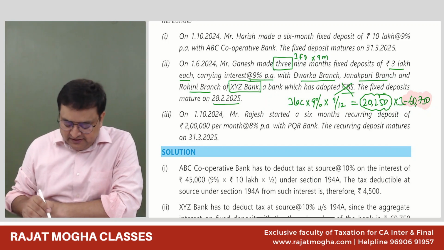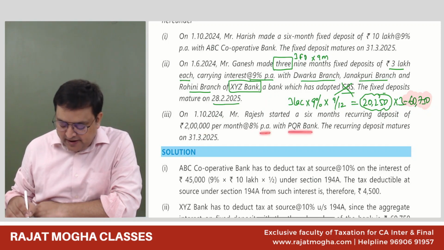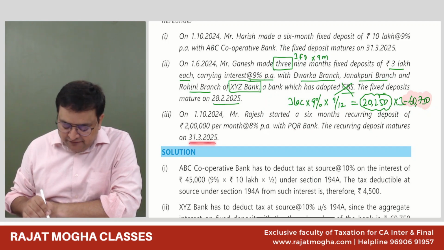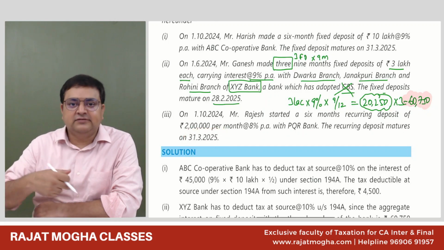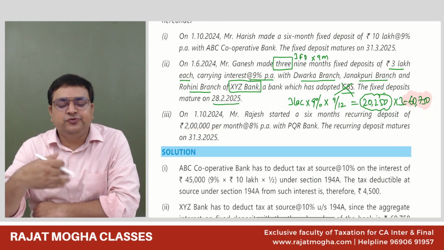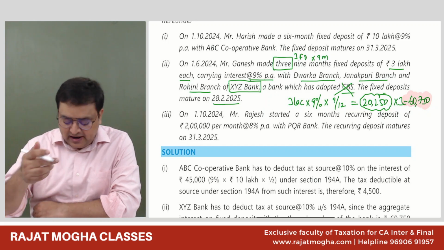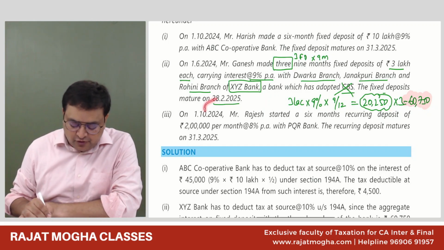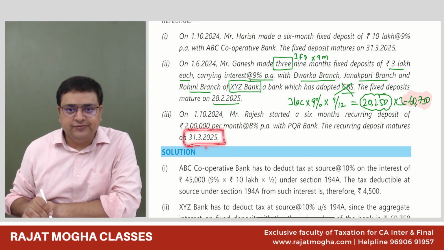So he started an RD of rupees 2 lakh per month at 8% per annum with PQR Bank. The recurring deposits mature on 31st March 2025. So he has started depositing rupees 2 lakh every month, starting 1st October, and it will mature on 31st March 2025.